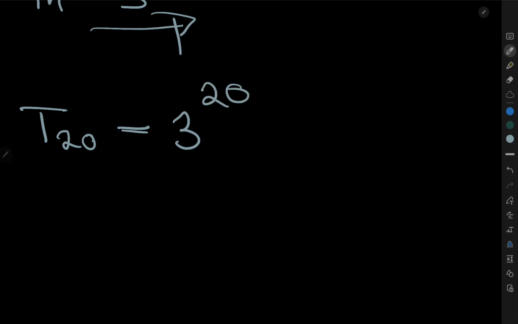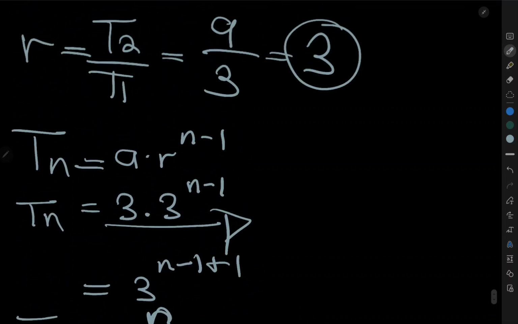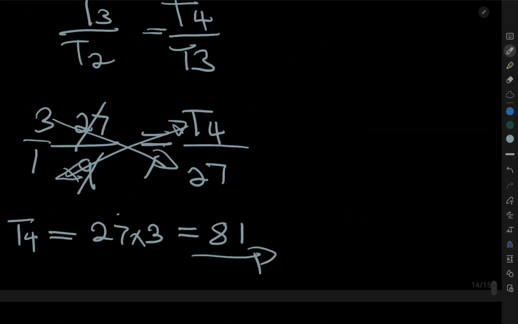I'm not going to really write down the value because it's a very long number. But whatever number you get in your calculator, that's the number you're going to get. And that will be your T20. So your T20 will be 3 to the power of 20. And that's how we'd use the geometric formula to calculate the value of a term.